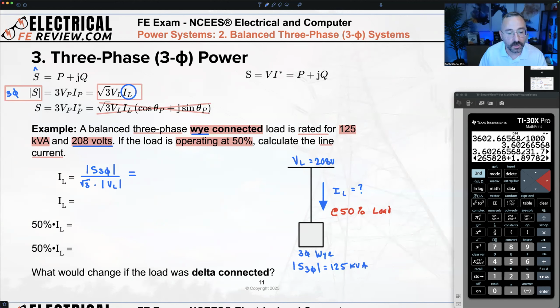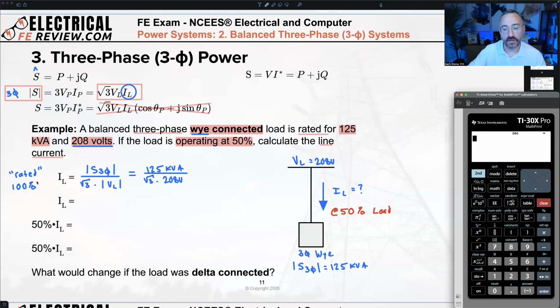All right, what was the apparent power this load is rated for? This load is rated for how much? 125 kVA. Square root of 3, that's just a coefficient, times our line voltage. How much is our line voltage? That's 208 volts. So what we're solving for first is the rated line current, the 100% line current.